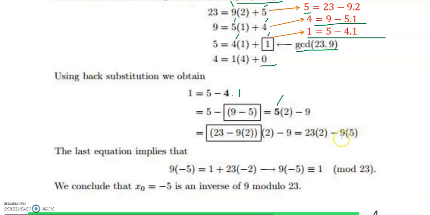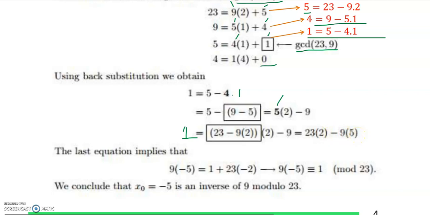Okay. So now this is the linear combination of 23 and 9. The last equation implies that 1 is equal to 23 multiply 2 minus 9 into 5.